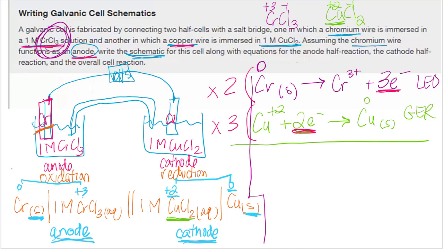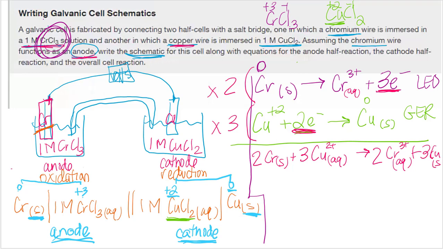So when I write my overall reaction, I'm going to have 2 Cr solids plus 3 Cu2+ aqueous, and that's going to give me 2 Cr3+ aqueous, plus 3 Cu solids. Oops, I forgot my aq up here.